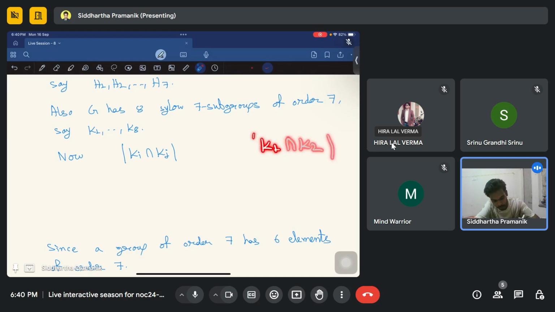So what is this order? Can you use Lagrange's theorem?